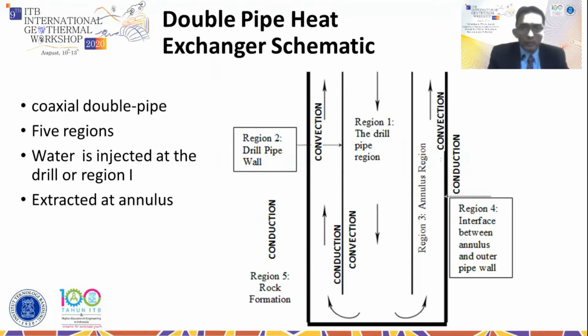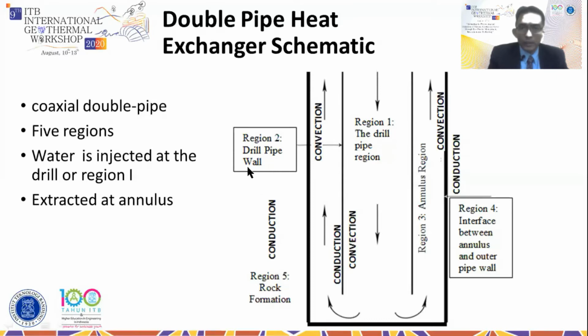In building our program, we use a double pipe heat exchanger, and this is a coaxial double pipe heat exchanger. We divide it into 5 regions, and the first region is right here. This is the drill pipe region.